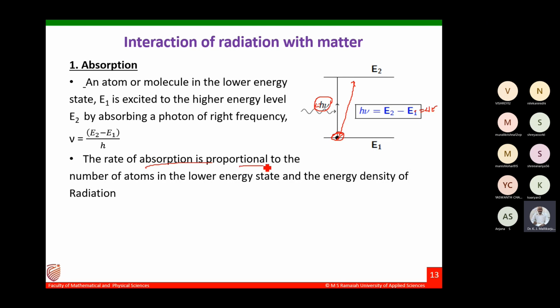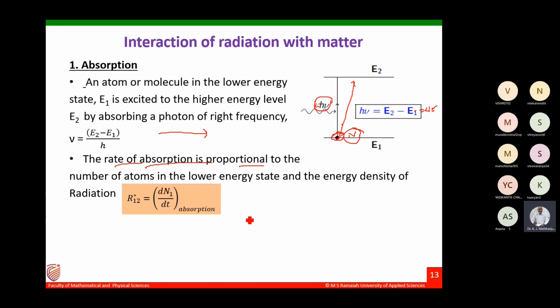The rate of absorption means, with respect to time, how many photons can be absorbed during this process, and it depends on the number of atoms present in the ground state.